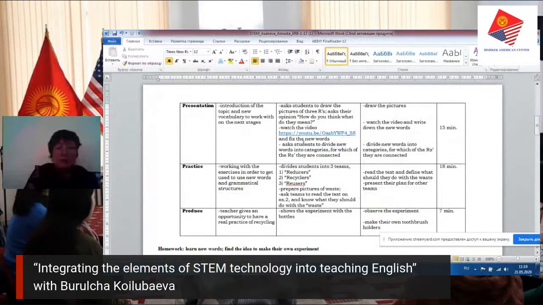If you look carefully, there are some YouTube materials the students shared for technology usage, and at the end, the experiment with the bottles. They showed some experimentation. Previously I showed some photos, but I have some videos too.